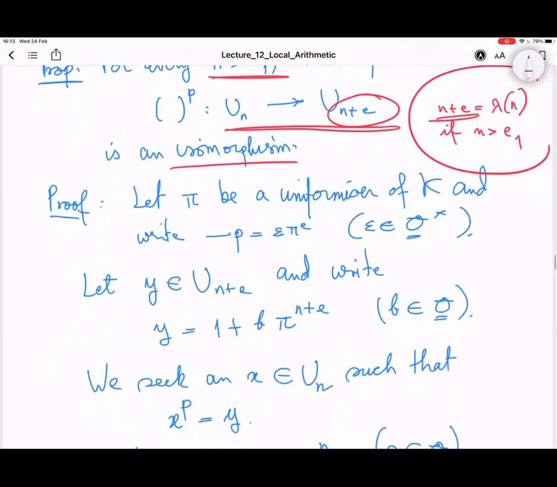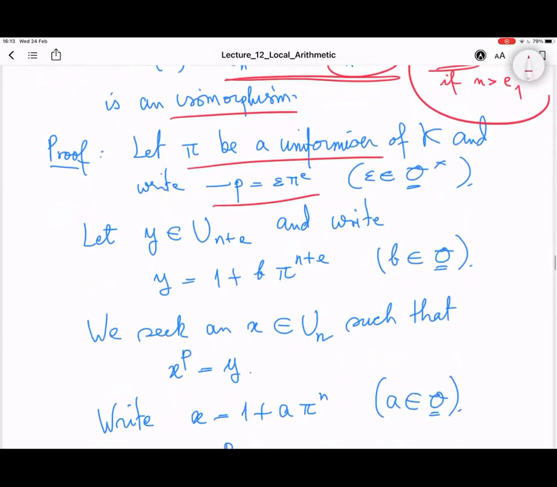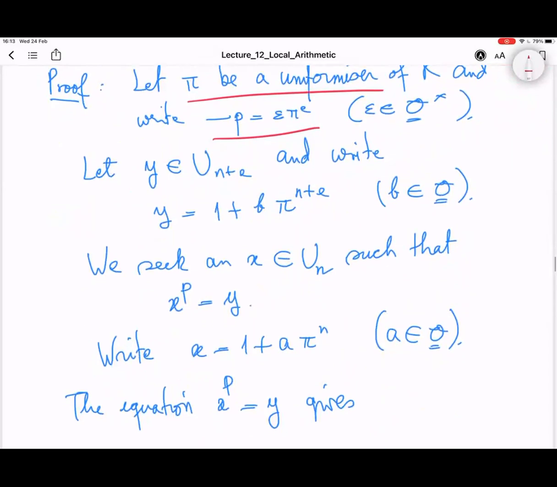So how do I prove this? So I take a uniformizer, I write minus p as epsilon times pi to the e, and I take an element y in un plus e.